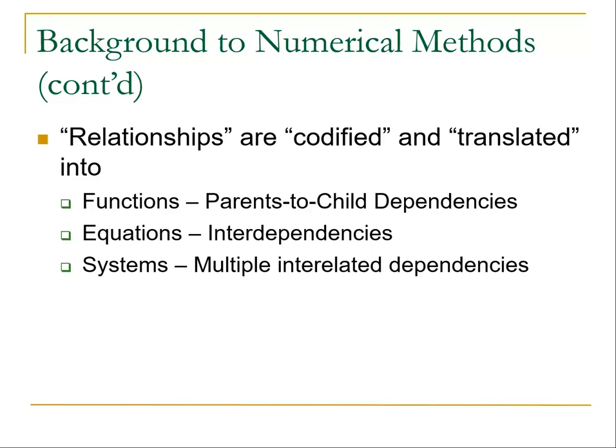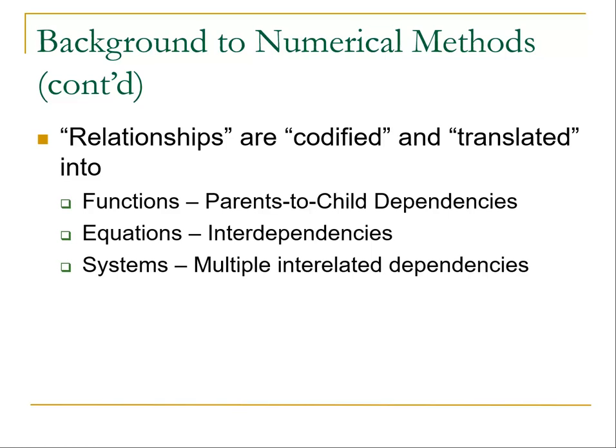Cosine 3. 3 is actually a parent, and the answer is the child, because the answer couldn't bring himself into existence. He's dependent on the function and the three. So it's a parent-child relationship.